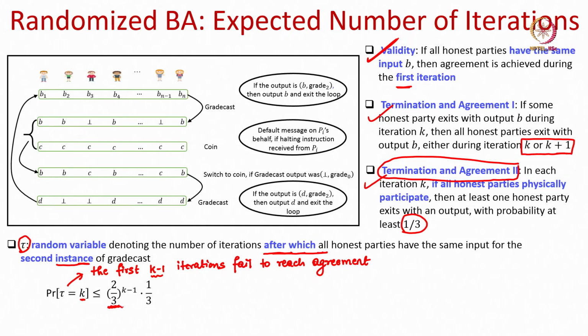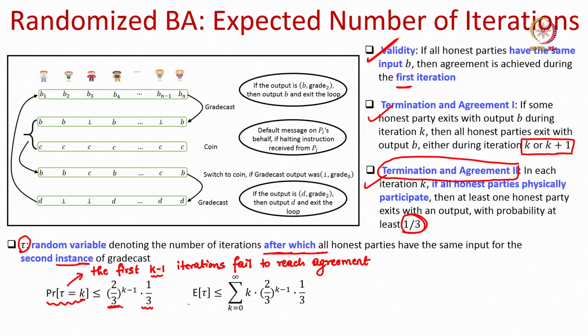That means, the probability of that is (2 over 3) raised to power k minus 1 times the probability that agreement is achieved during the kth iteration, namely that it is during the kth iteration where all the honest parties have the same input at the beginning of the second invocation of Gradecast, which can happen with probability 1 over 3. This is the probability of the random variable tau being k.